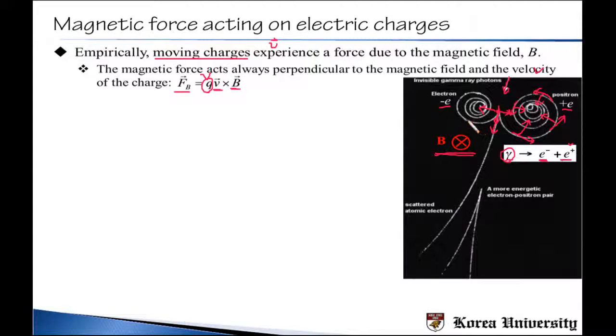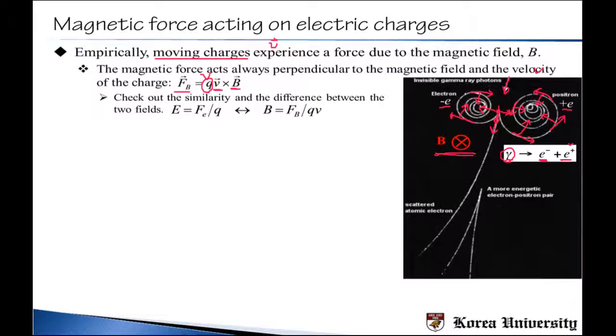And so as a result, after a certain time, the velocity will be pointing this way, but then the magnetic force will be like this, and then for velocity going like this, magnetic force will be acting like this. Okay, so the situation is the same between electron and positron, only the difference is their sign of the charges. As a result, the force will be opposite.